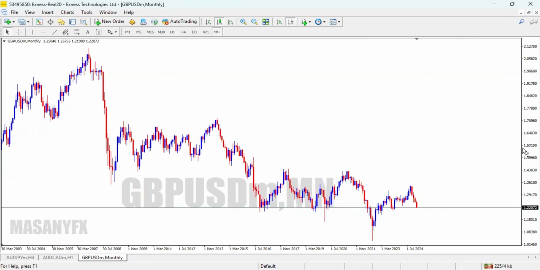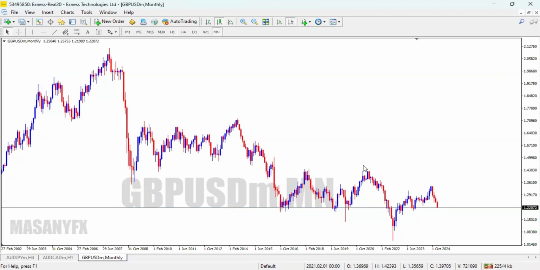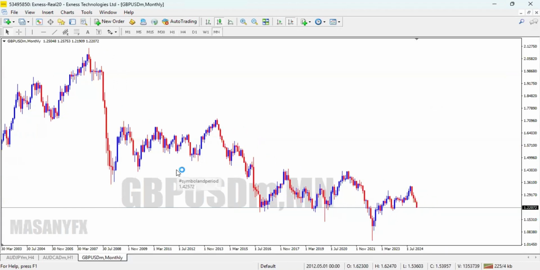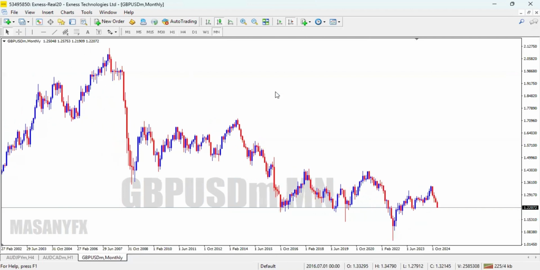Okay, what I see is GBP USD consolidating to the downside.